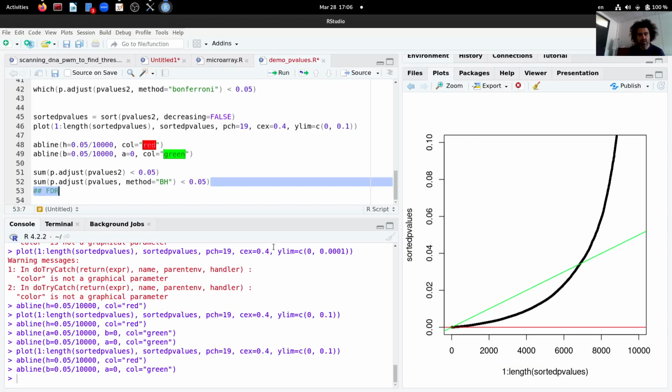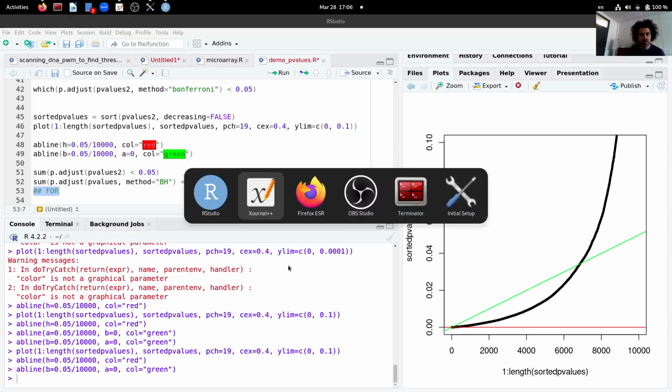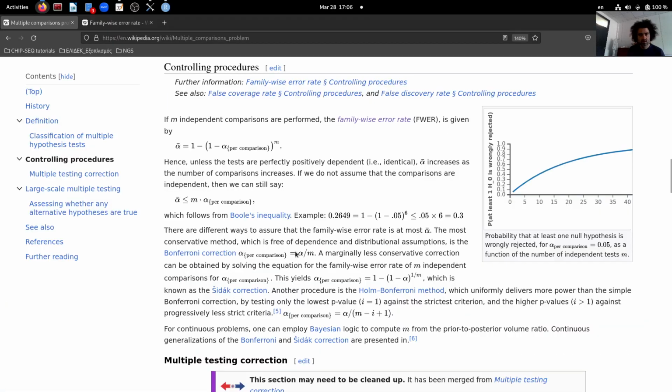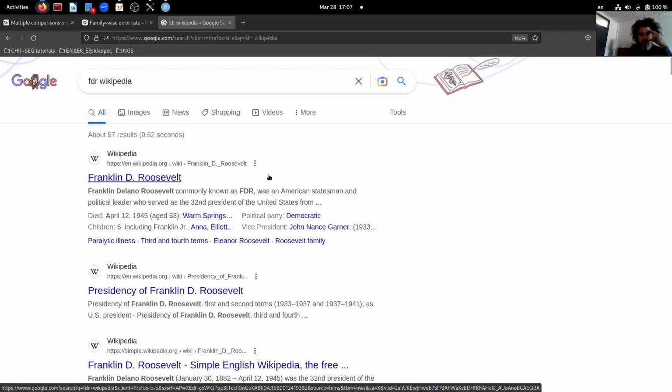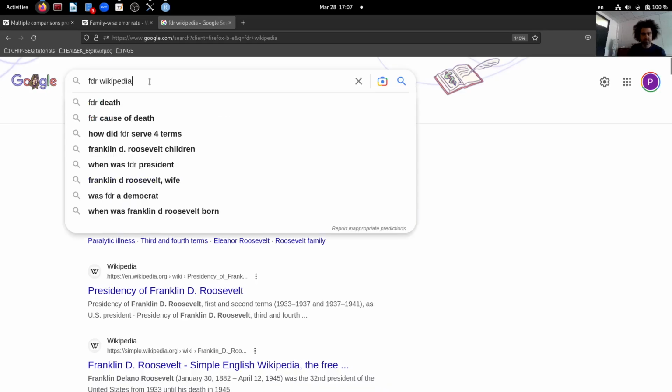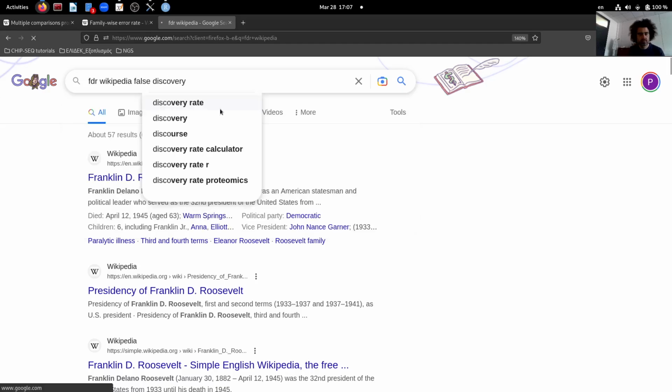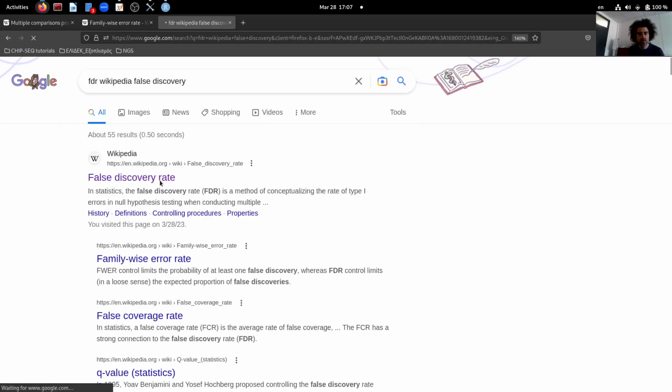Perhaps in Wikipedia this is more clear. Let's go to FDR Wikipedia. I think it has a better plot. FDR stands for false discovery rate.